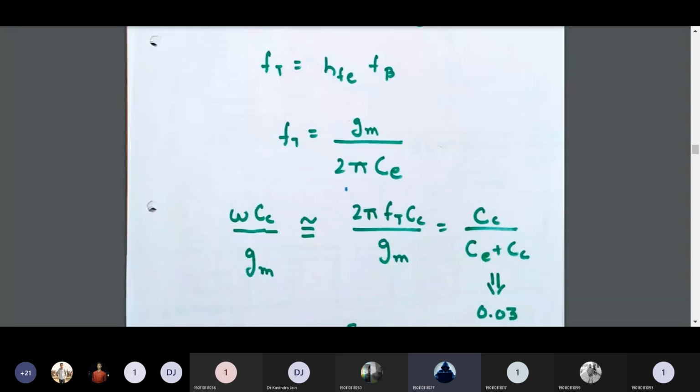Sir, can you repeat the last line? Yes, the gain bandwidth product is always constant.